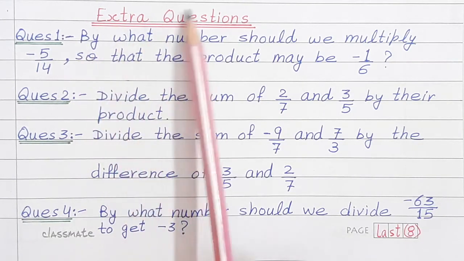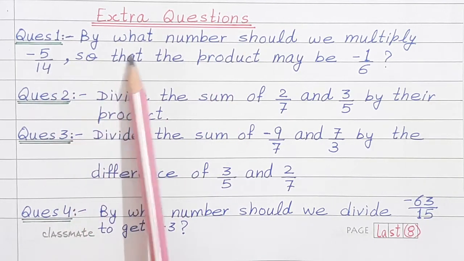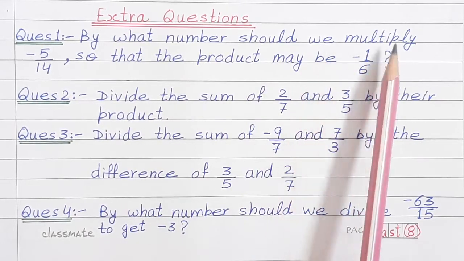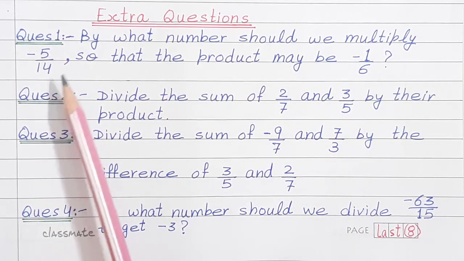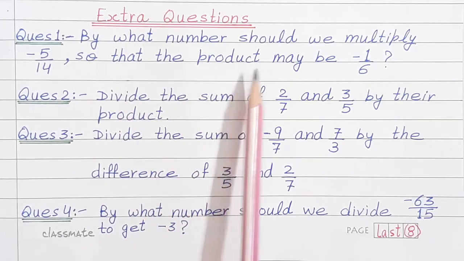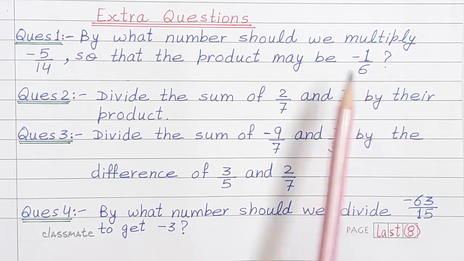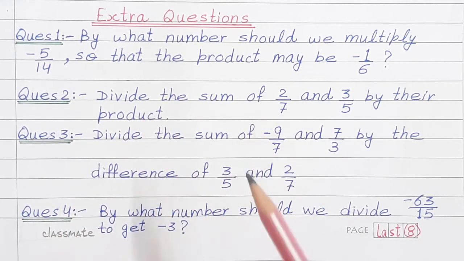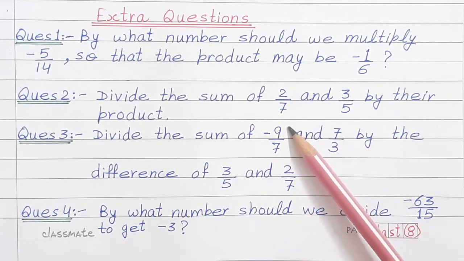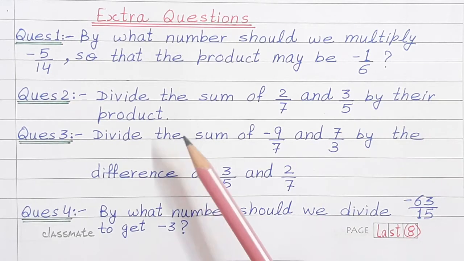Children, there are few extra questions also for you. Question number 1 is, by what number should we multiply minus 5 upon 14 so that the product may be minus 1 upon 6? Question number 2 is, divide the sum of 2 upon 7 and 3 upon 5 by their product.